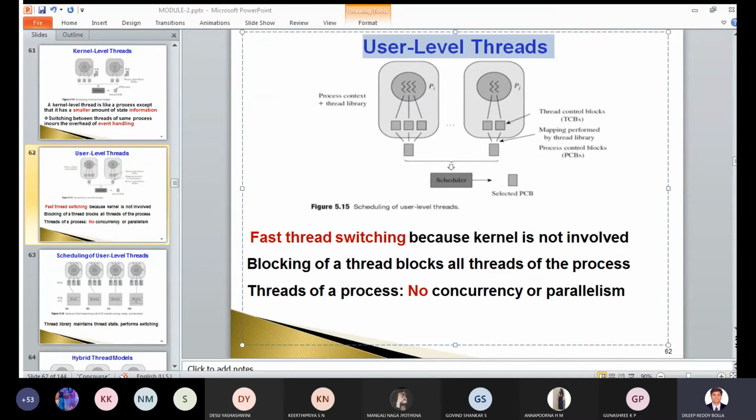So the kernel now blocks the process because there is no thread ready to execute. There is no thread at all to execute. The kernel will give something called block. The corresponding complete process will get blocked because one thread is waiting for some information. So none of them is ready, so it will do something called block.